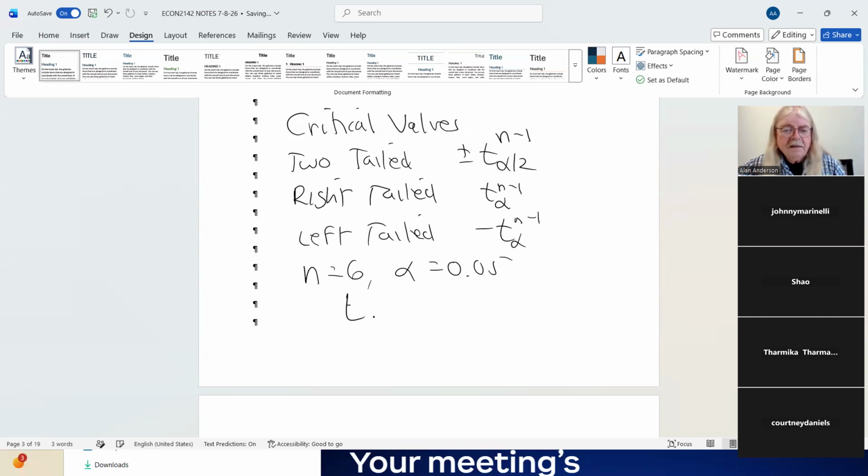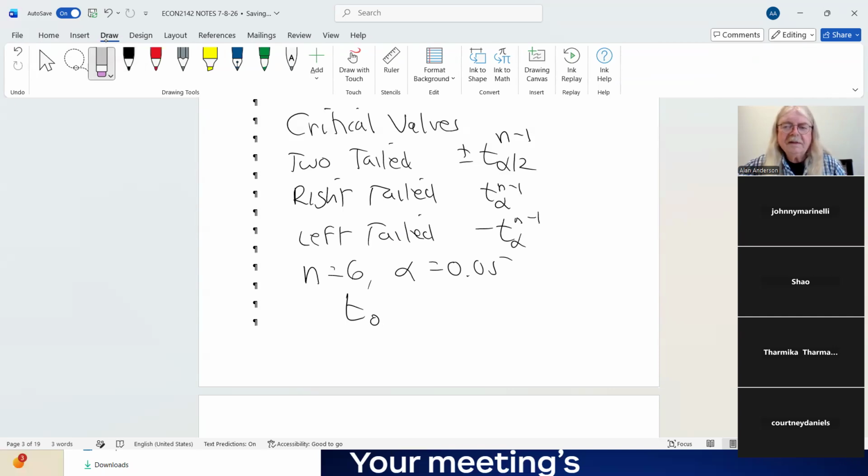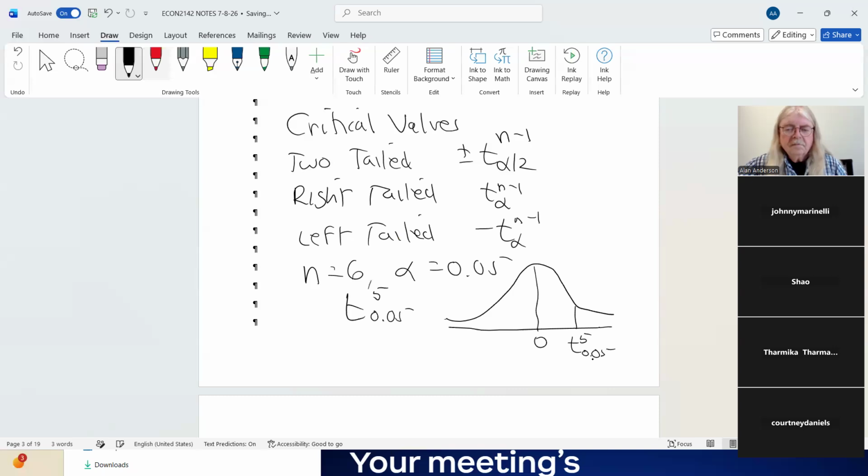So we have t with 5% in the right tail, 5 degrees of freedom. So that's going to define our rejection region.